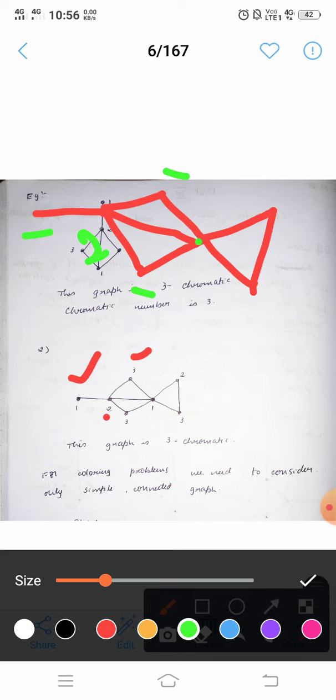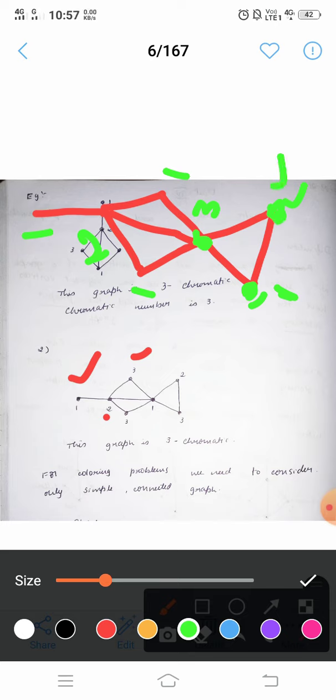This vertex is adjacent to the vertex which is colored with 1 and adjacent to the vertex which is colored with 2. So we have to take a different color. I'll take color 3. Now these two vertices are adjacent to color 3. I can take here color 1. This vertex is 1 and this vertex is colored with color 3. We have to paint this vertex.